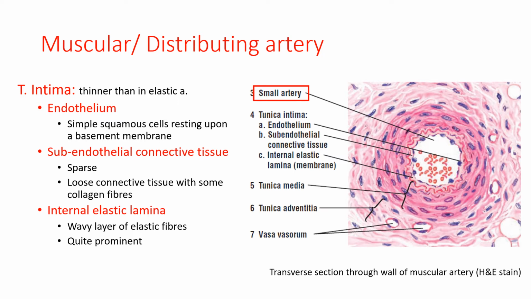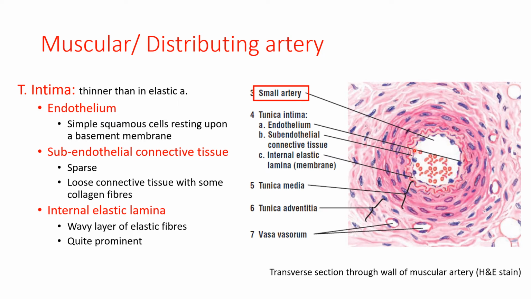Coming to the medium-sized arteries or the muscular arteries, they are also called the distributing arteries. The tunica intima of a muscular artery is thinner than in the elastic artery. It contributes to 1/6 of the thickness of the vessel wall in the adults.